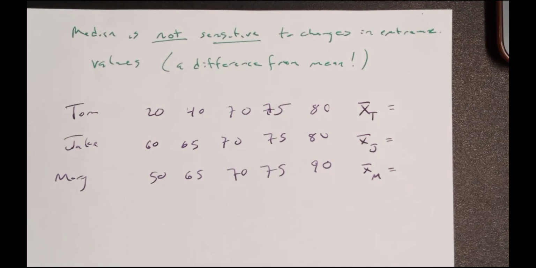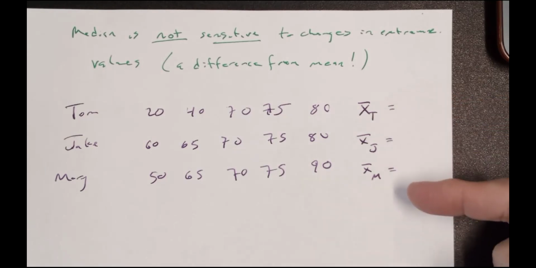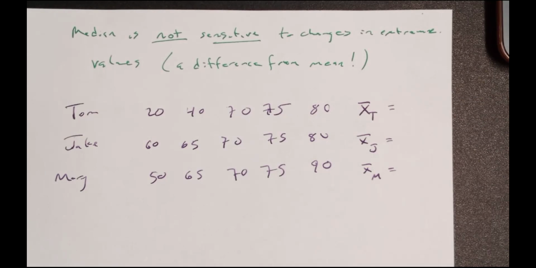My symbol for average is X bar. I put a subscript T, J, M for each student. So this is Tom's average, Jake's average, and Mary's average, respectively.